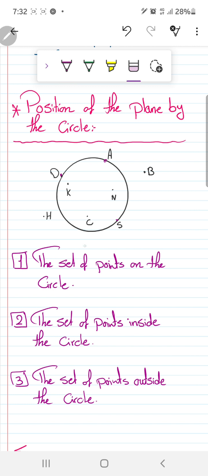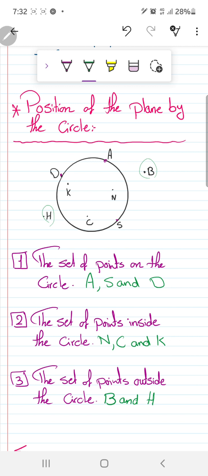Second one, the points inside the circle, which are N, C, and K. The last one, the set of points outside the circle, like B and H.